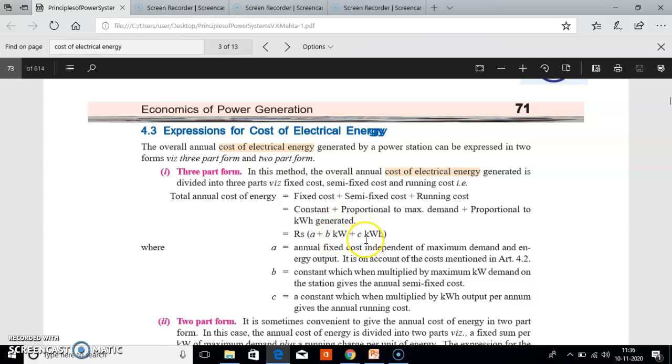C into kilowatt hour, where kilowatt hour is the energy generated. Suppose the running cost of one unit of energy is assumed to be 5 rupees, so the third part is 5 into the number of units generated. That's how the expression comes in three-part form.